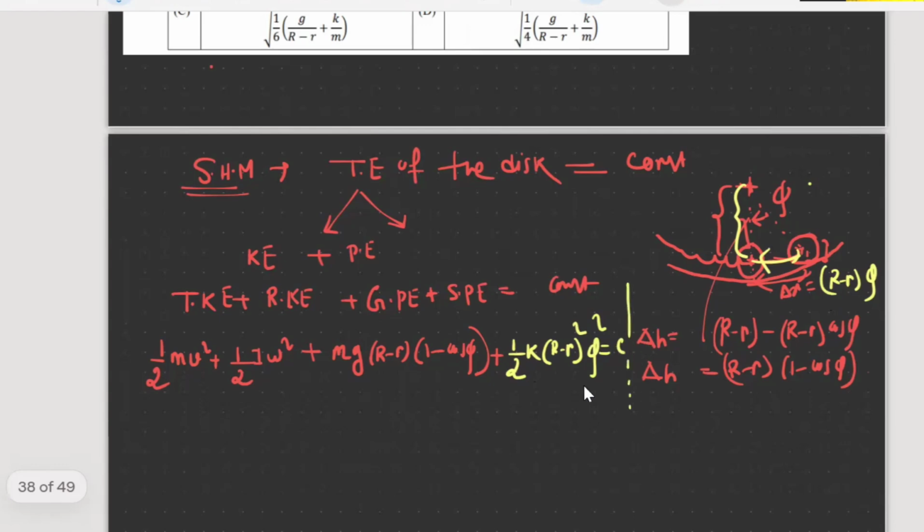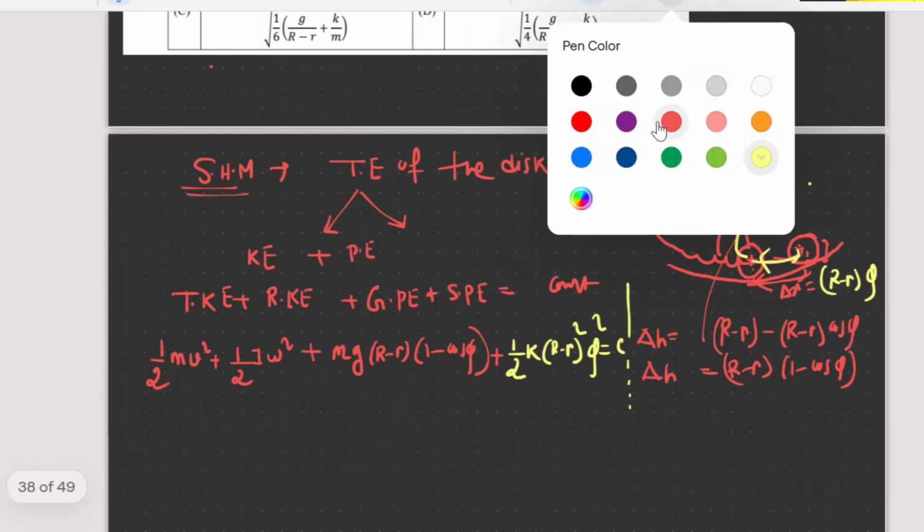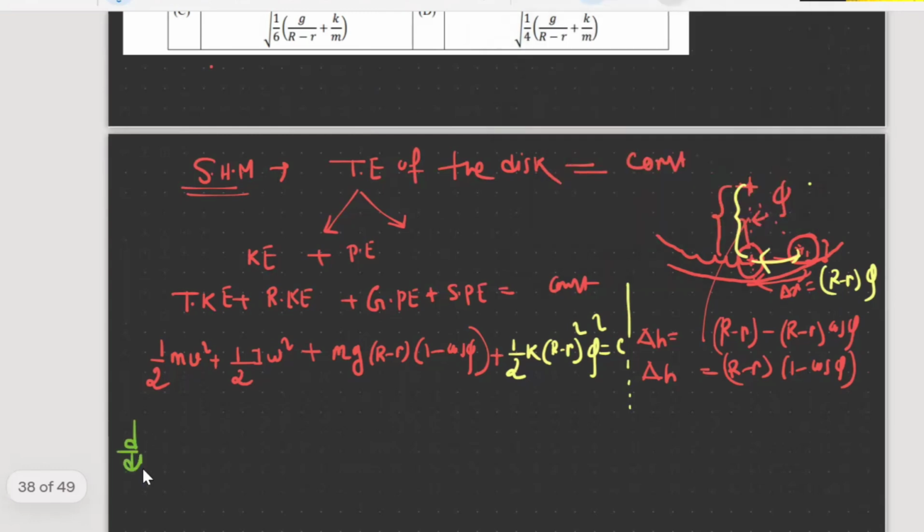Now our basic energy equation is formed. Now we can do the differentiation with respect to time.